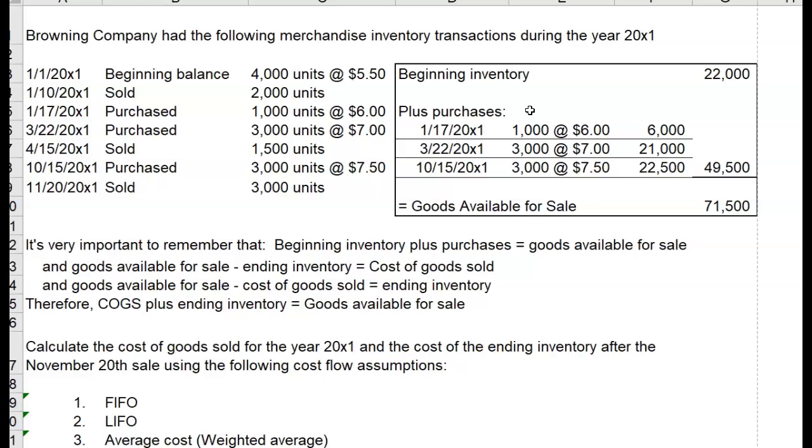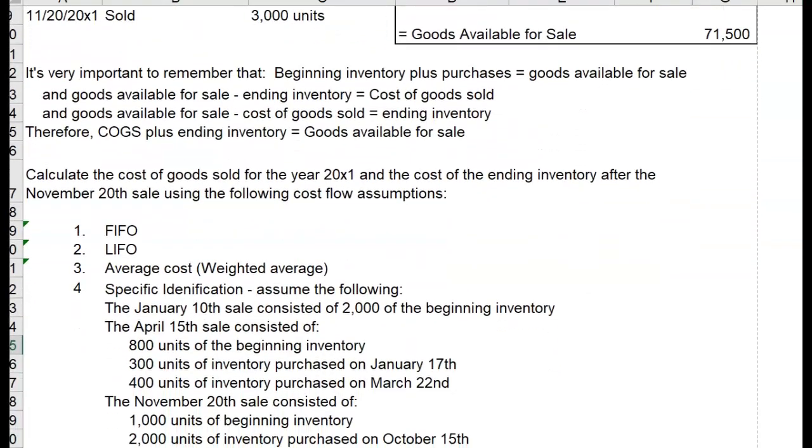So in this example, obviously, you can't pull purchase invoices and look at a specific unique serial number, but you do need some practice with specific identification. So for that reason, I'm giving you sufficient information to be able to apply specific identification.